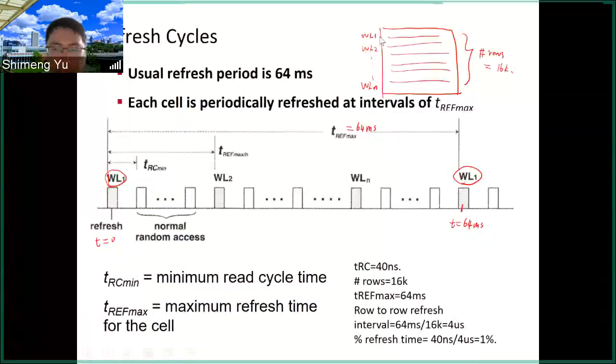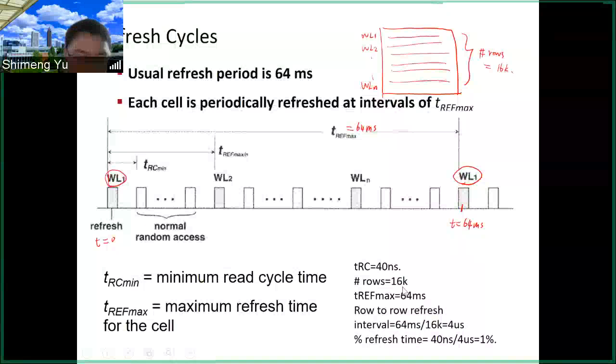And in this example, we have 16K rows. So the row to row interval will be this 64 milliseconds divided by 16K. That is 4 microseconds. So that is here. From row 1 to row 2, this interval is 4 microseconds.